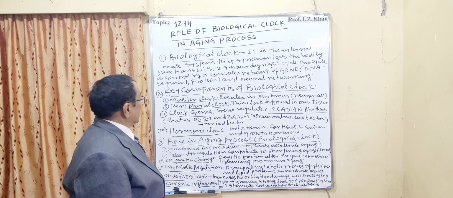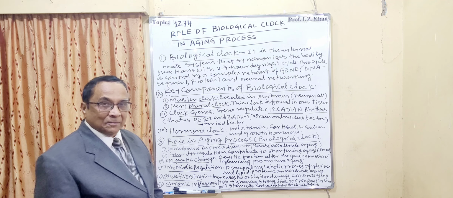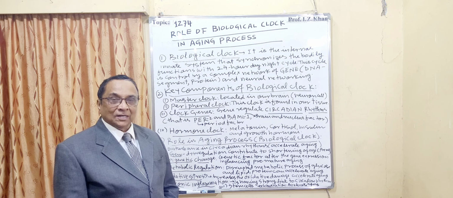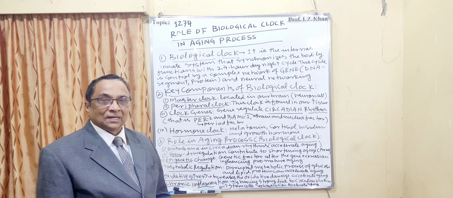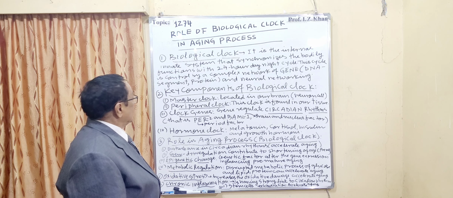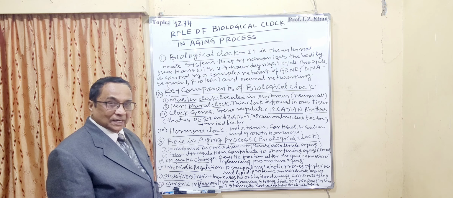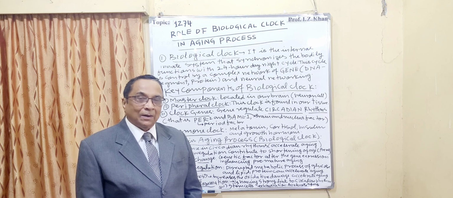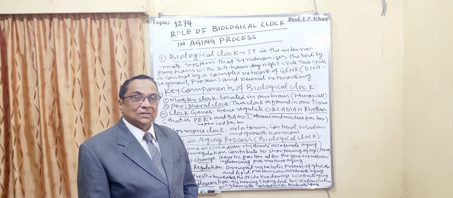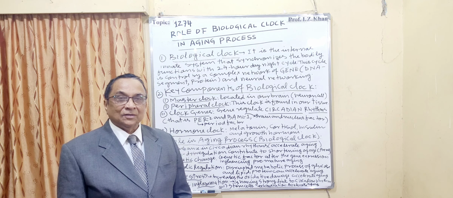And this cycle is controlled by a complex network of genes. If I say complex network of genes, it means the fragment of the DNA molecule, and the DNA molecule is nothing but a nucleic protein, deoxyribonucleic acid segment, in the form of protein, and neural networking. Neural networking means in our brain also there is connectivity of all the neuron cells, and they pass on electrical impulses, that is called neural networking.